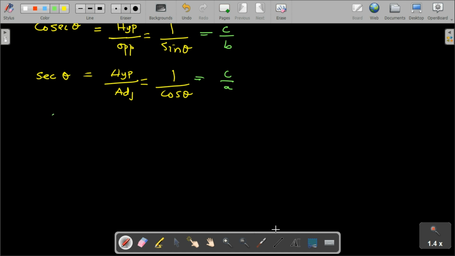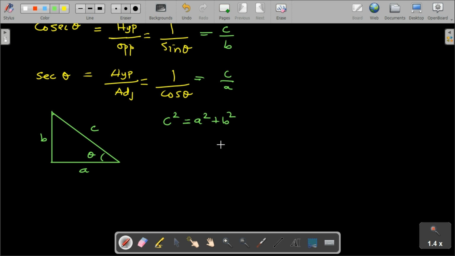This is our triangle, where this side is labeled as C, this as B, and this as A, and this place as theta. And we have written that C squared is equal to what? A squared plus B squared.